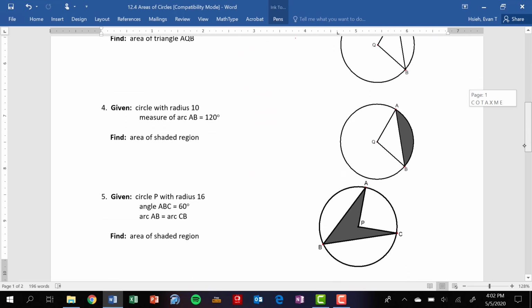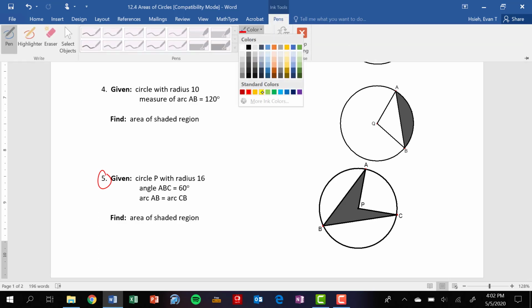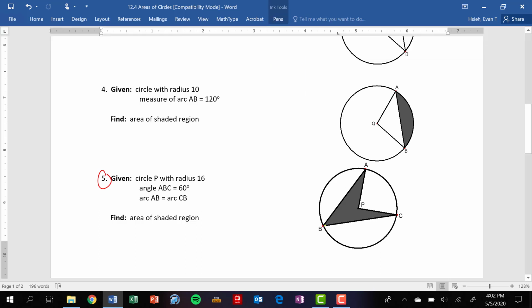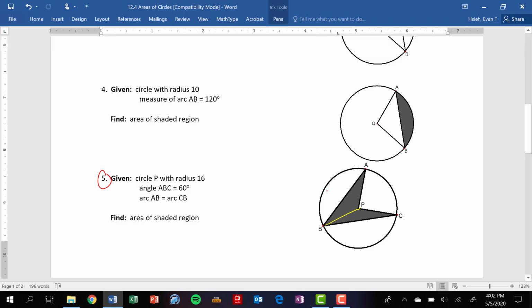Moving down the page, maybe we see a problem like number 5 here, which there's a couple of ways of approaching. I think the easiest way might be to draw a radius right there and split this thing into 2 congruent triangles. We know they're congruent because these 2 arcs are congruent to each other, here and here.